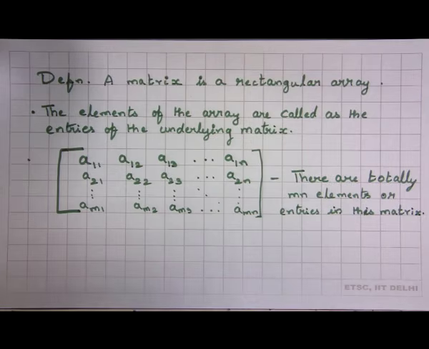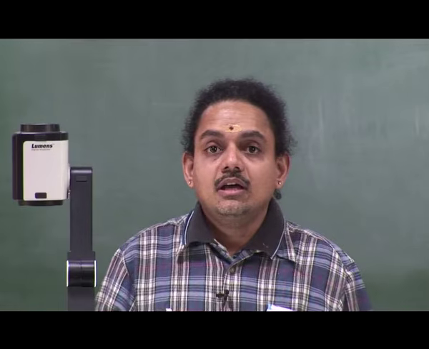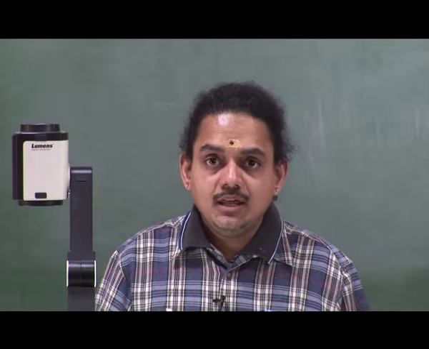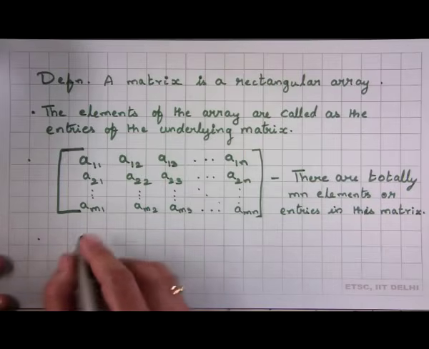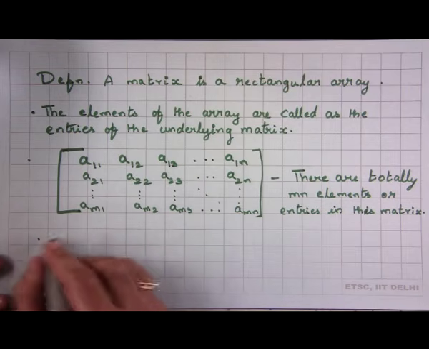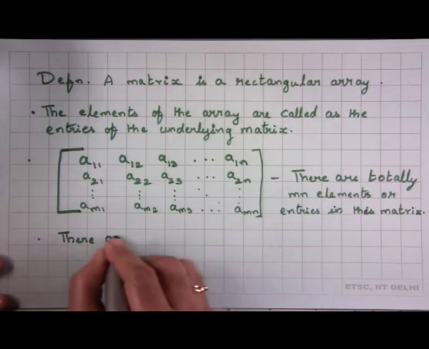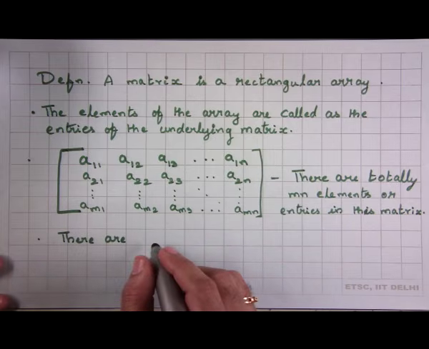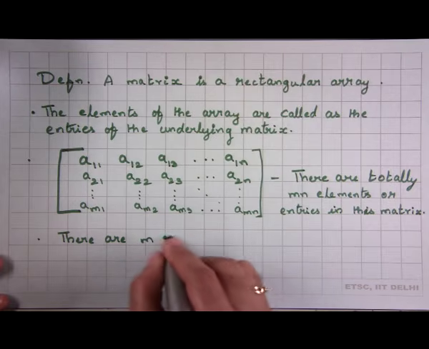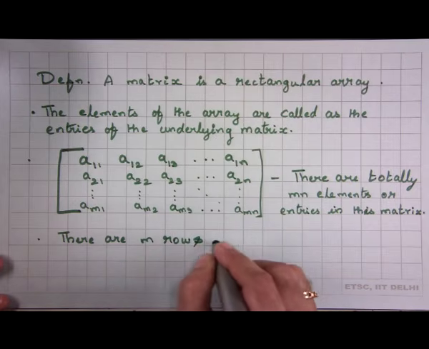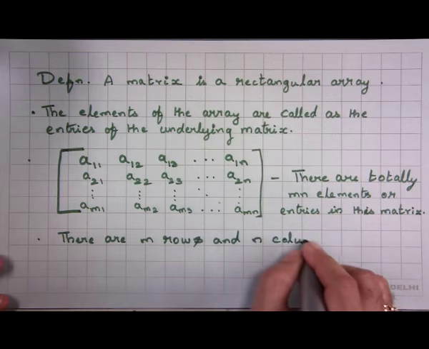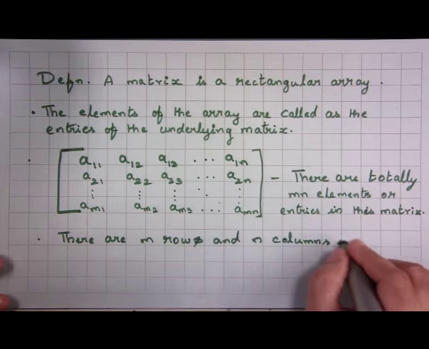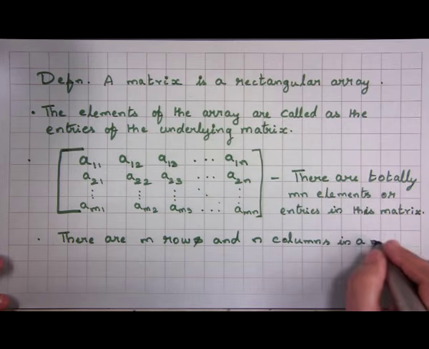So, given a matrix, when you write it in the form of a rectangular array, the total number of entries is the totality of the whole array. Let us notice that there are m rows and n columns in a matrix.